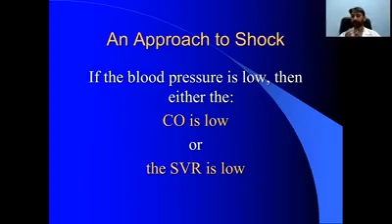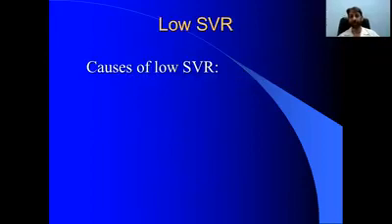If the blood pressure is low, then either the cardiac output is low or systemic vascular resistance is low. We already have talked about systemic vascular resistance, and then you need to know what conditions lower systemic vascular resistance despite a normal cardiac output.